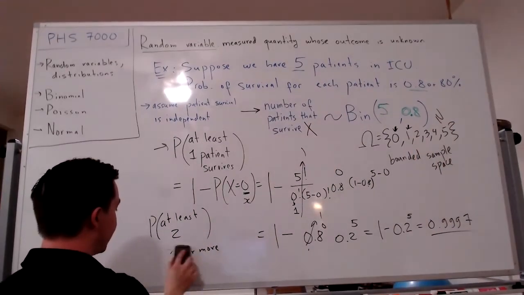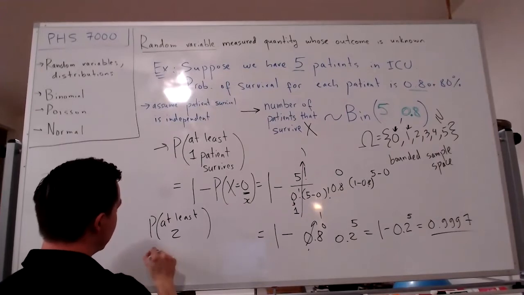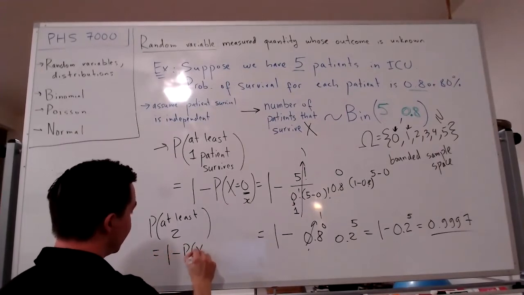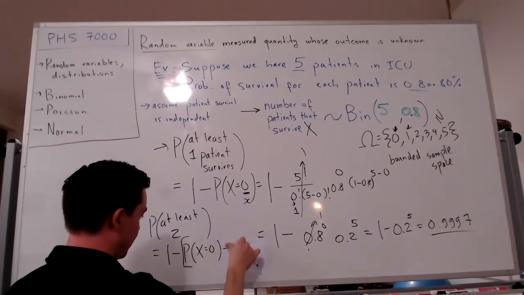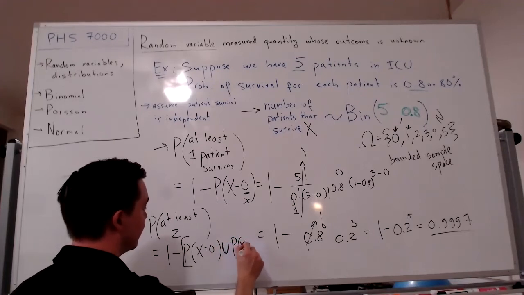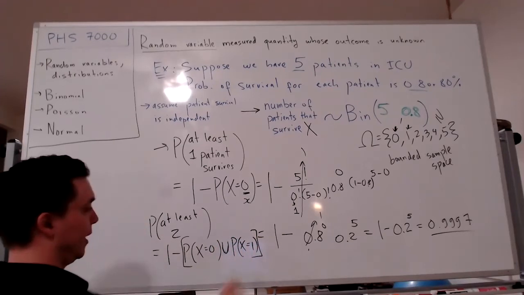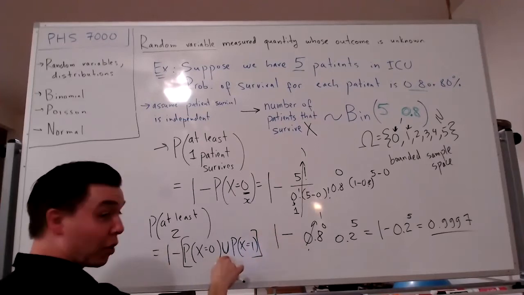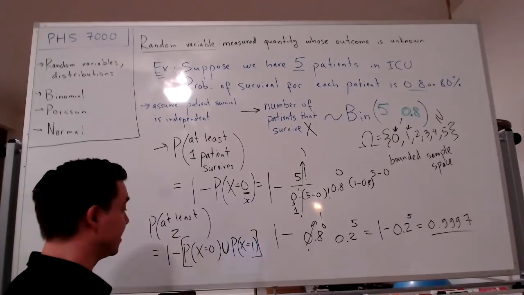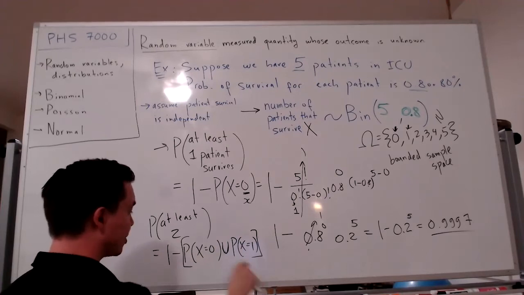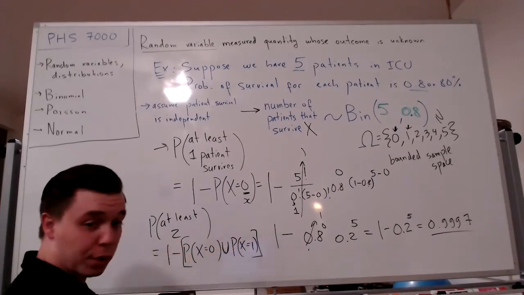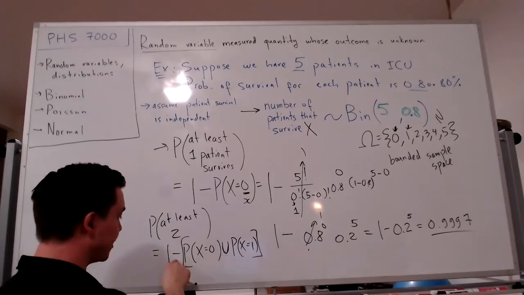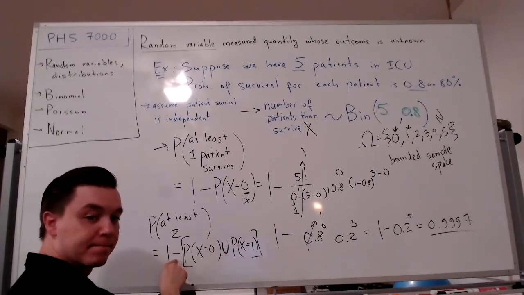So then what I can do is 1 minus the probability of exactly 0 or the probability of exactly 1. Now remember that or means we add probabilities together. Make sure to do your order of operations right. You're going to add things up first, then subtract them from 1. Okay?